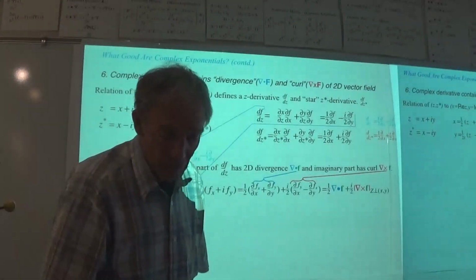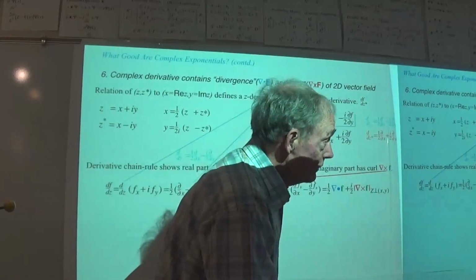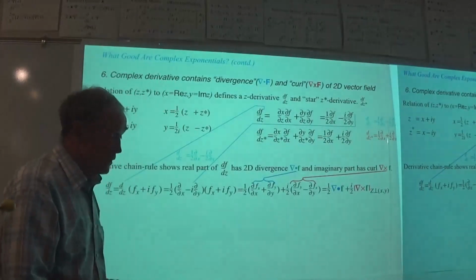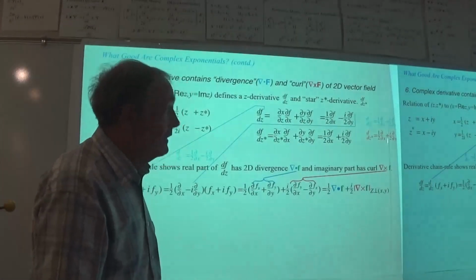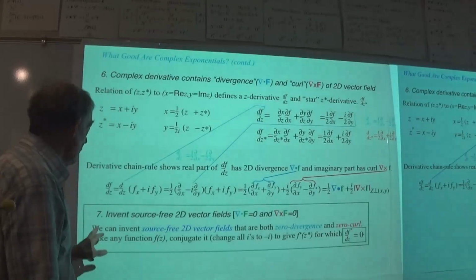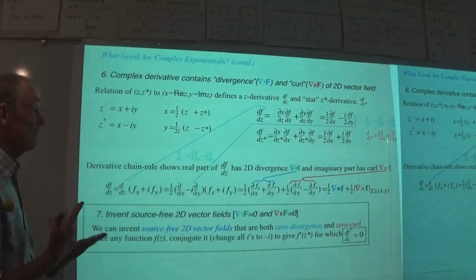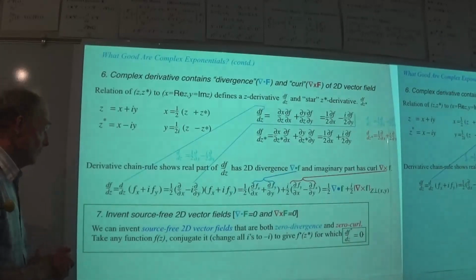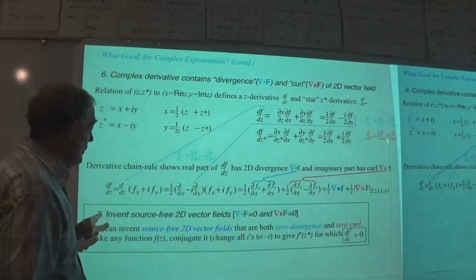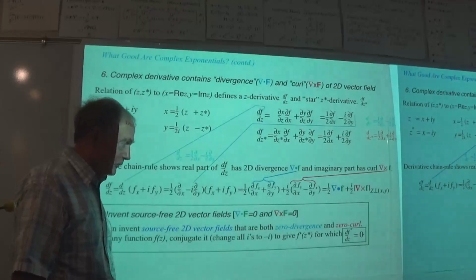Everything that we're going to do in the rest of the lecture here is going to, I hope, be fairly clear. So this is a difficult part right here. This is something that bears some thought and consideration. But this is number 7 in the things that we get from complex variables, and that is that it's really easy to invent source-free 2D vector fields.